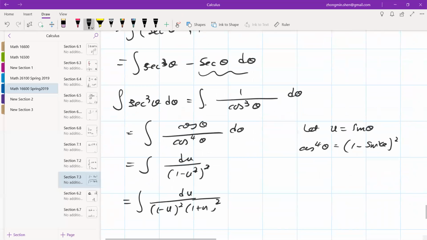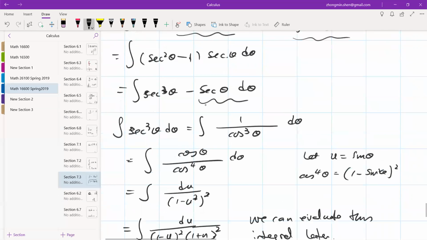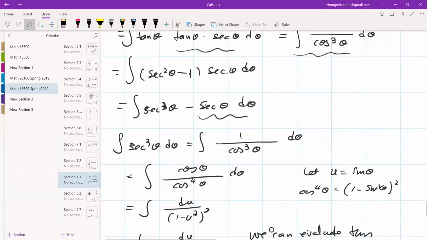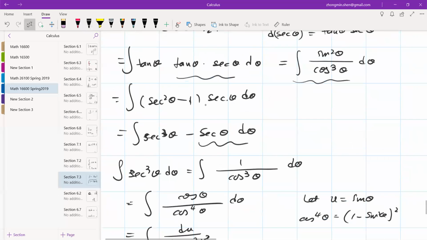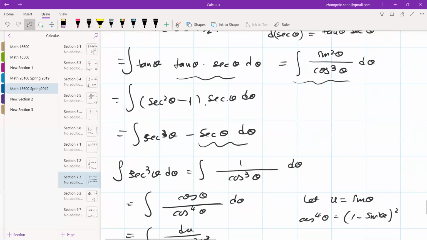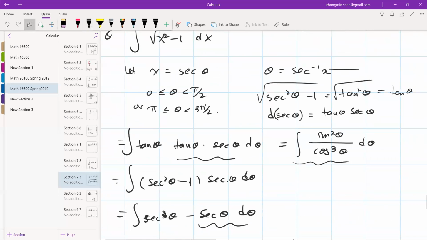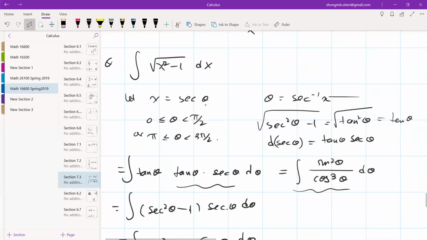We can evaluate this integral later. So not every problem gives you an easy integral. I did not know at the very beginning.